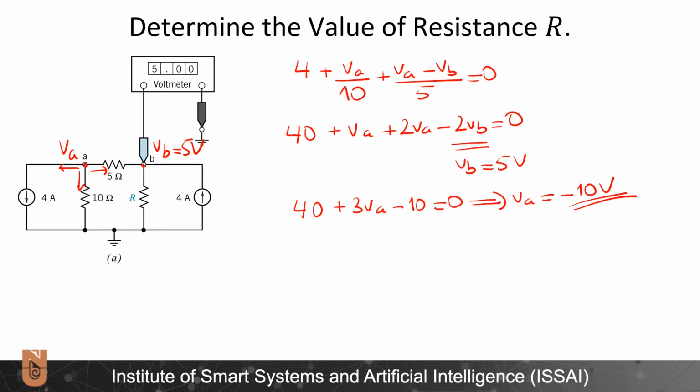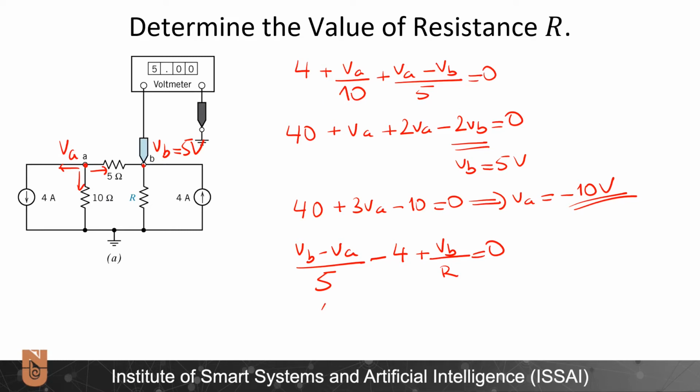Let us try to write the KCL for the node B. VB minus VA divided by 5 minus 4 plus VB over R is equal to 0. However, I know VB, which is 5. I know VA, which is minus 10.